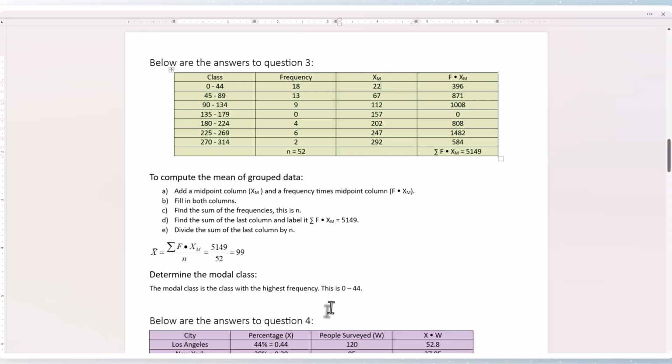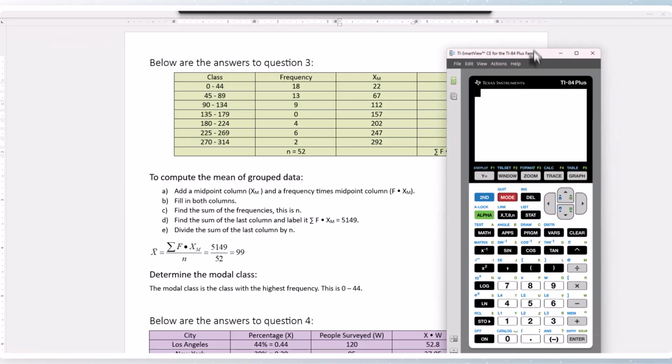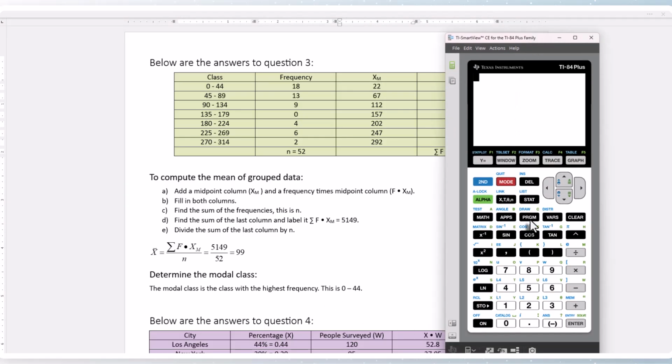Another way you could work this out is you can use the graphing calculator. To use the graphing calculator, we press Stat, select Edit. In L1, we list all the midpoints.